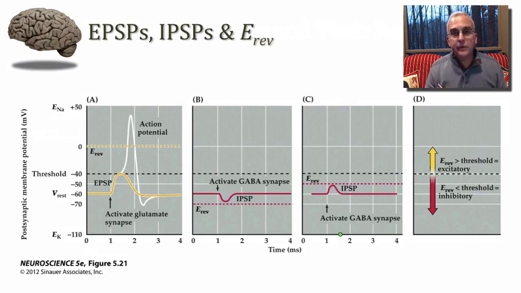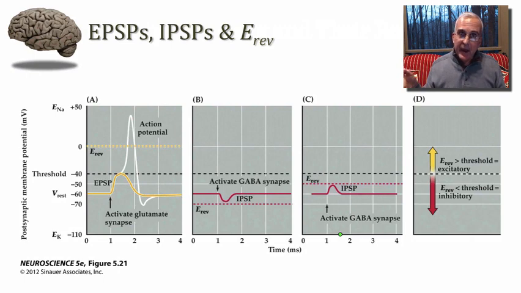So what we have illustrated in part A of this figure is an excitatory postsynaptic potential. So we might think of this as a postsynaptic potential that is secondary to the release of, let's say, glutamate from a synapse, or maybe a collection of synapses that are converging upon the same dendrite of a postsynaptic neuron.